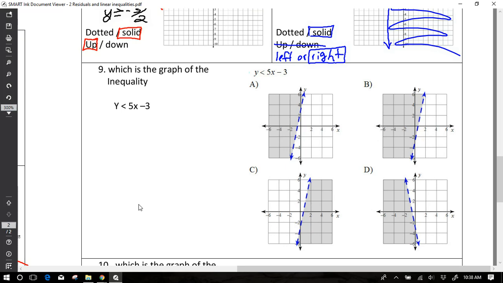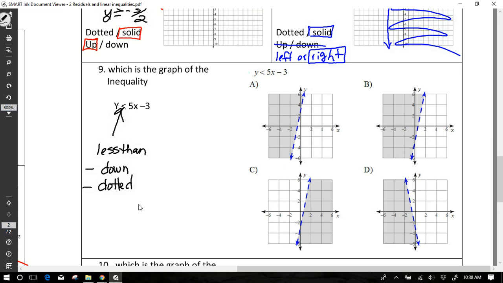So when we're doing our EOC style questions, my goal is always to kind of eliminate possibilities. So this is a less than, which means to me that the shading will go down and there's no line under it, so it will be a dotted line. So let's look for things that are going down and are dotted.